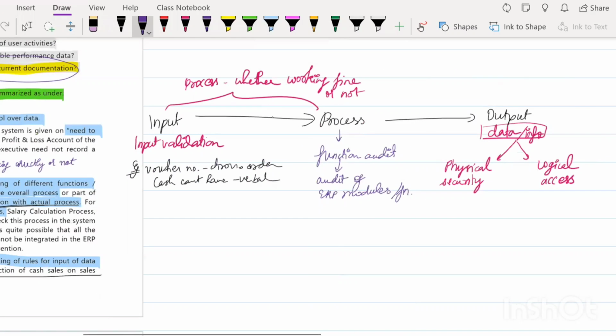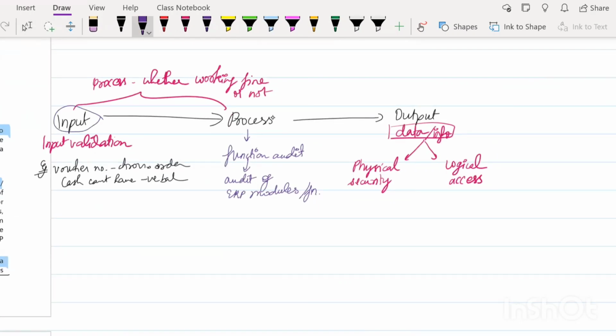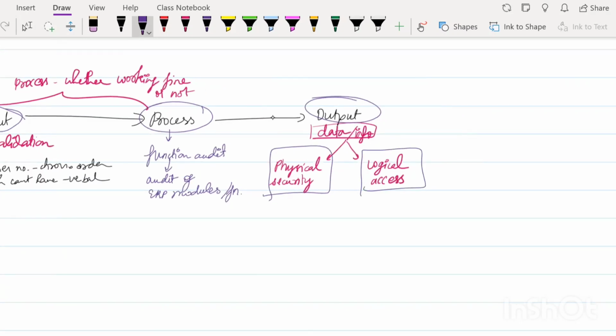If you see how ERP works, you put input into ERP. You input the data into ERP, it processes the data and it gives you output. Output it can give you in the form of reports, data or information. So whenever you receive an output, you will have physical security and a logical access control there.